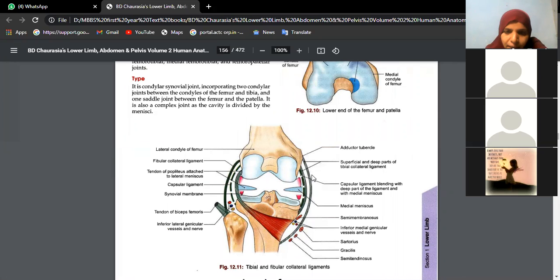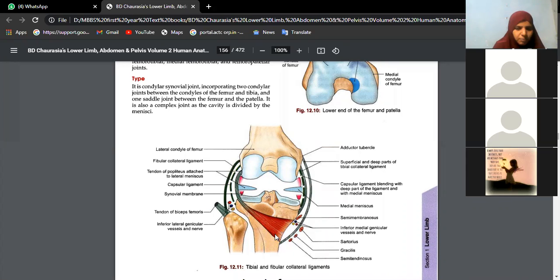So we have superficial and deep parts of the tibial collateral ligament. Superficial to it, we have the pes anserinus muscles: sartorius, gracilis, and semitendinosus. Deep to these, we have semimembranosus and the inferior medial genicular vessels and nerves.